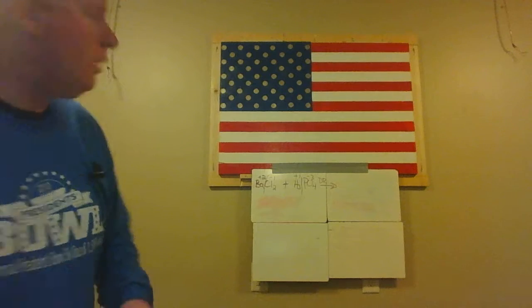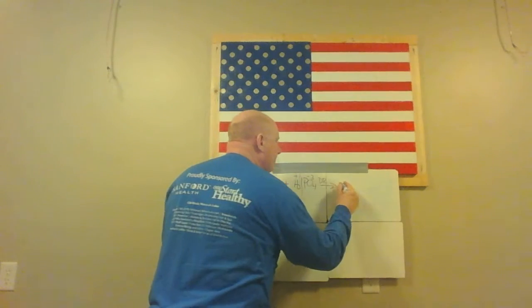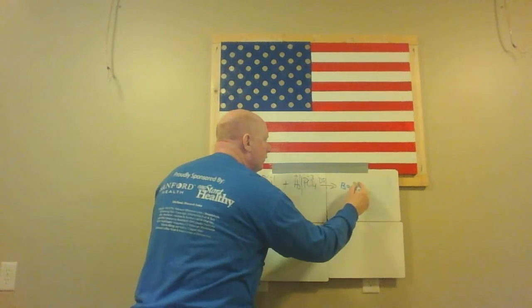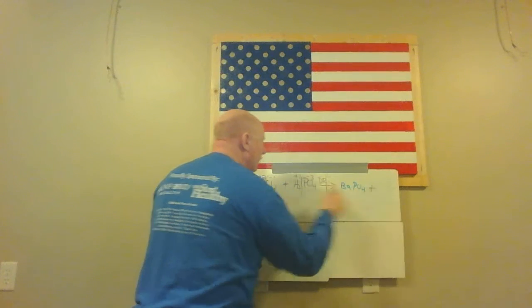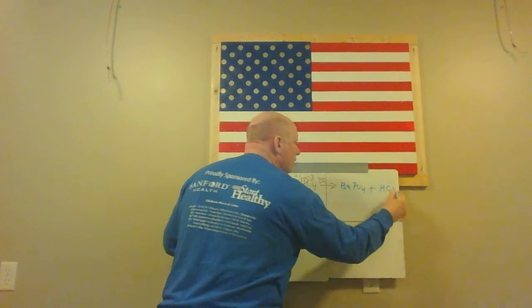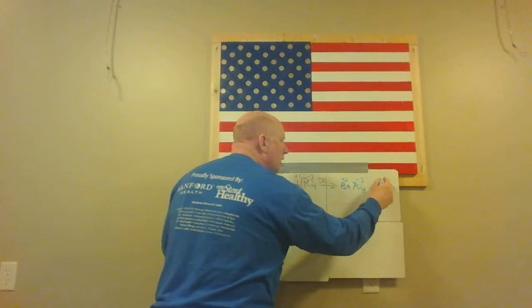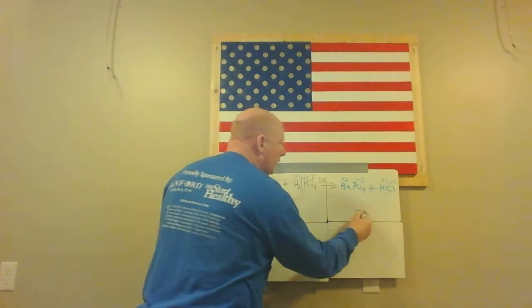So what that would give us then to finish this, okay, we'll start with barium. Okay, bonds to the phosphate, PO4, and then we've got hydrogen and chlorine. The charges do not change, that's +2, that's -3, +1, -1, that adds up to 0.